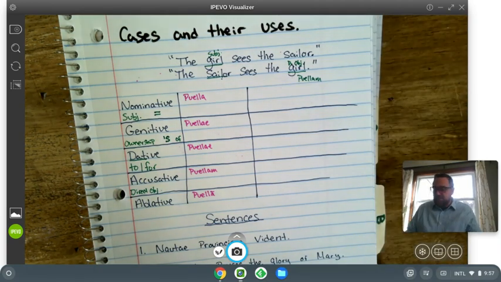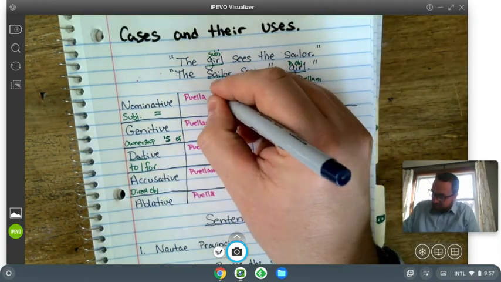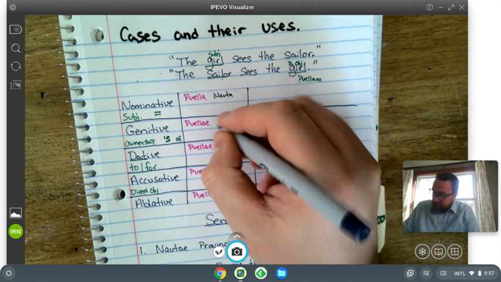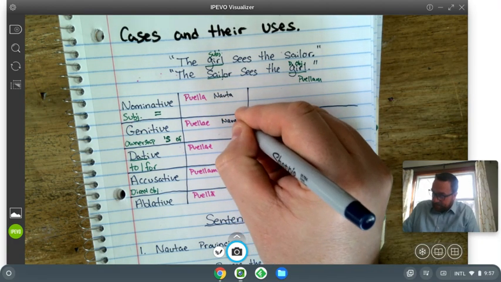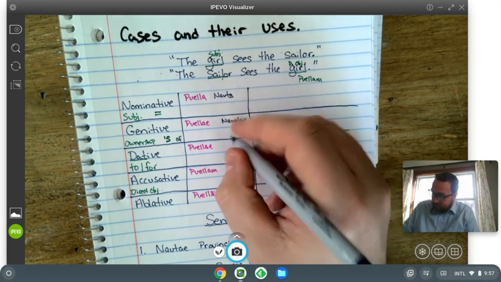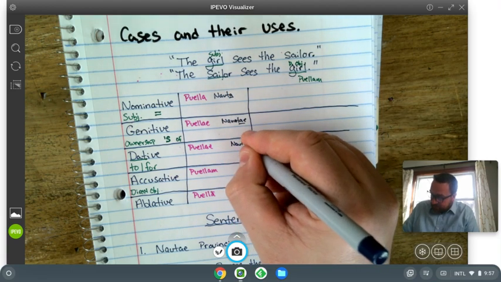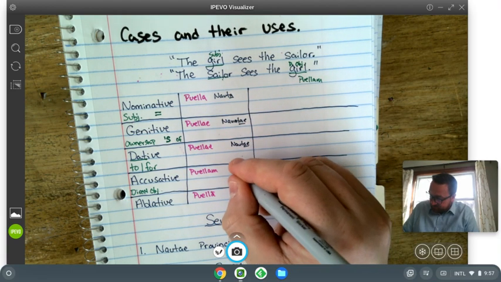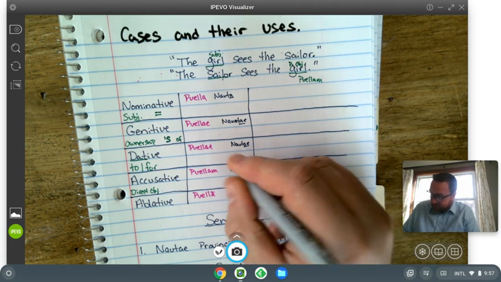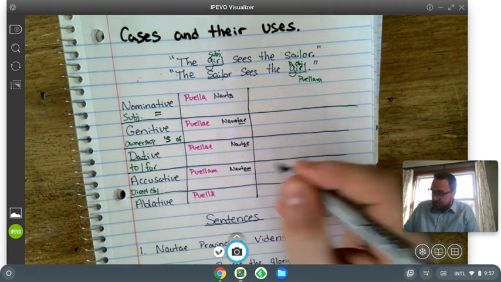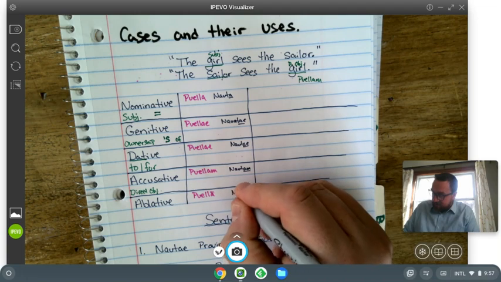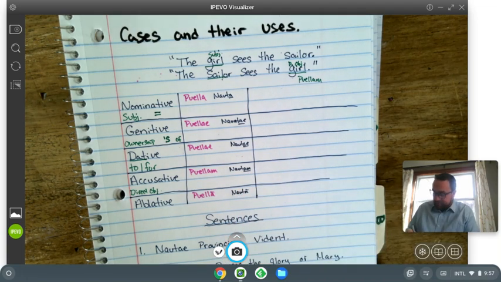In blue, I'm going to use sailor. I'm going to write nauta, nautae, nautae. Nautam would be for if we are using sailor as the direct object, and then nauta.